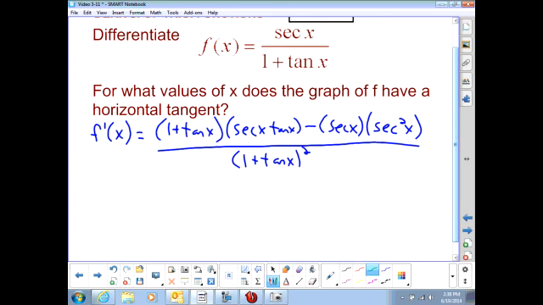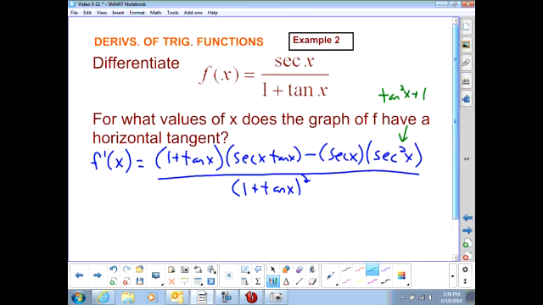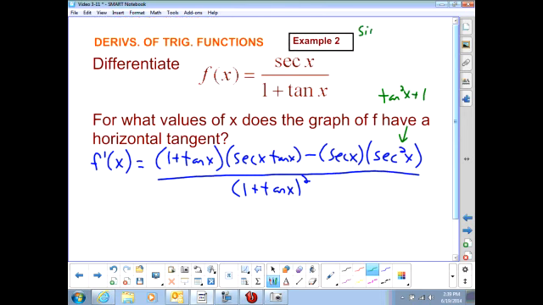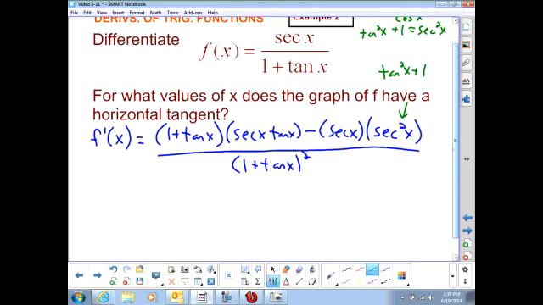So one thing is this is really just tan squared x plus 1. That comes from our Pythagorean properties. If we have sine squared x plus cos squared x equals 1, if we divide everything by cos squared x, that'll give you tan squared x plus 1 equals secant squared x. So our secant squared x can be replaced with tan squared x plus 1.